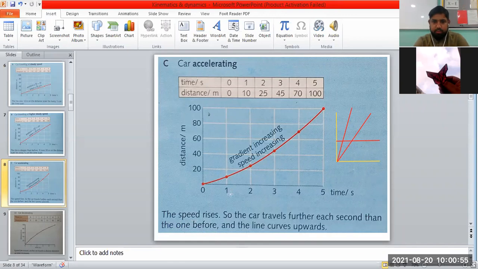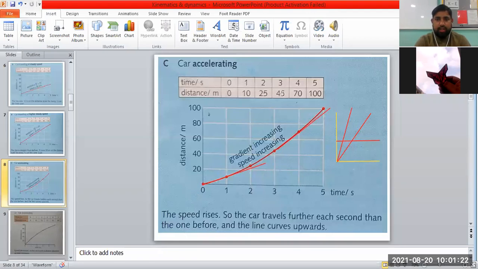So if we have a curve like this, firstly we can say that speed is not constant. Second, we can see the gradient here is like this, and then the gradient here is like this. So it means the gradient of the graph line is increasing because it's tending to be vertical. Is that clear?